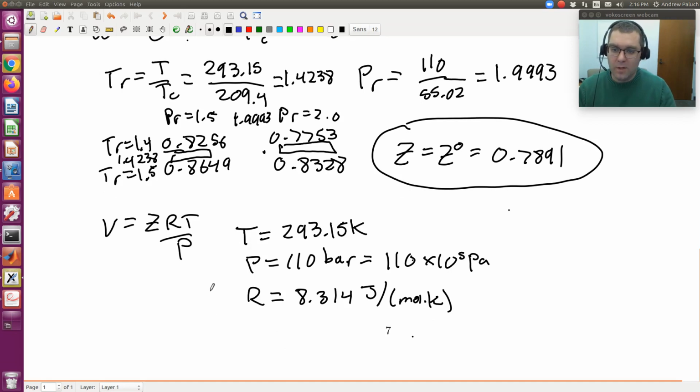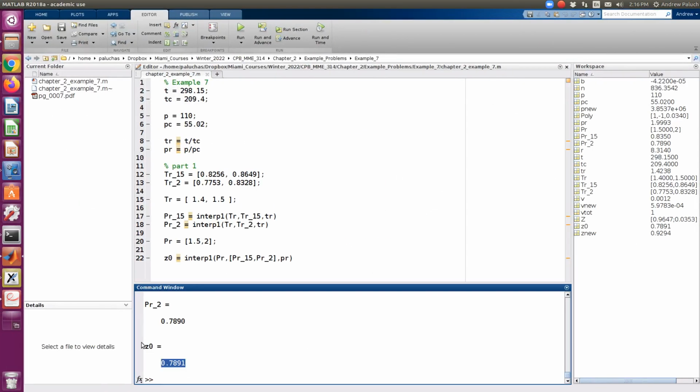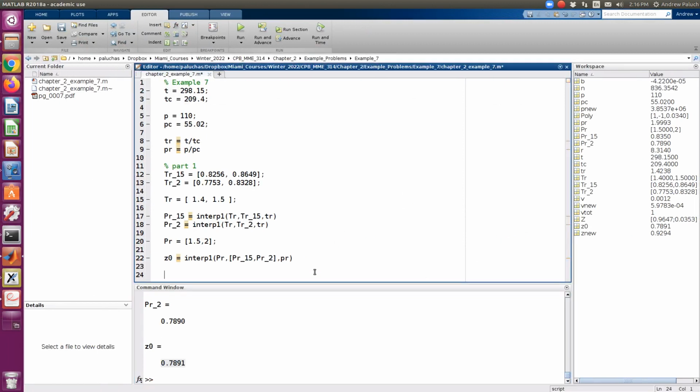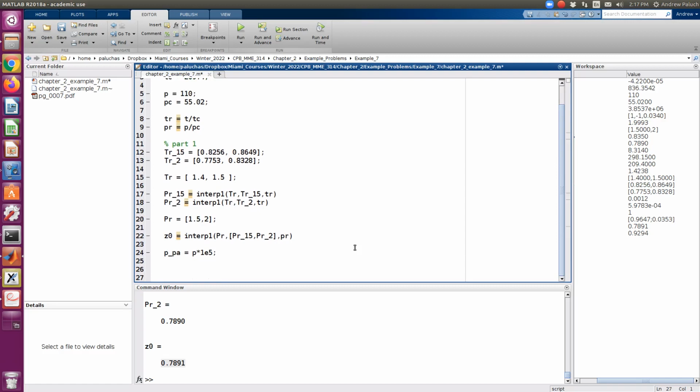So let's do it. Z is equal to Z naught since omega is 0. Then to get V, we have P. P in pascals is going to be P times 1e5, so let me convert that to pascals.